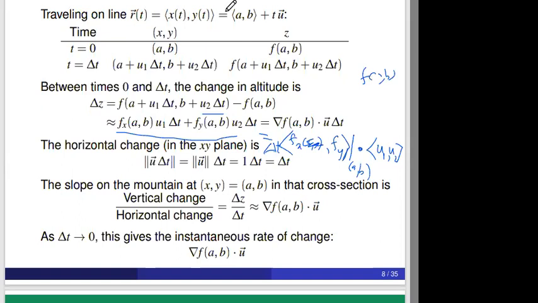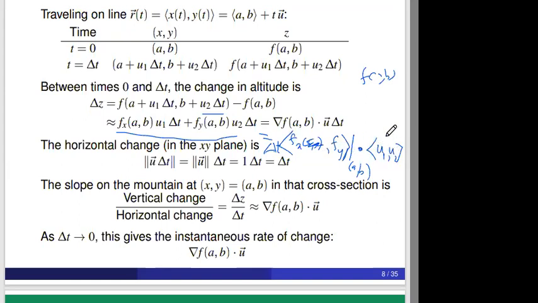So delta t times (partial of f with respect to x, partial of f with respect to y) evaluated at the point we are interested in, which is p. What is the point? (a, b), right? Started with the direction the traveler moves, right?